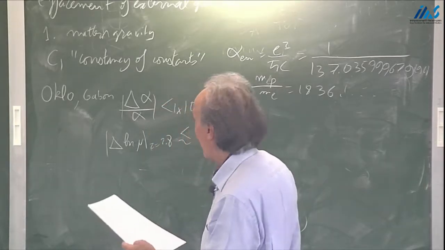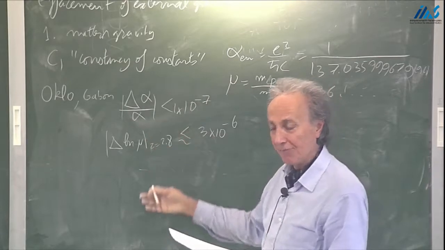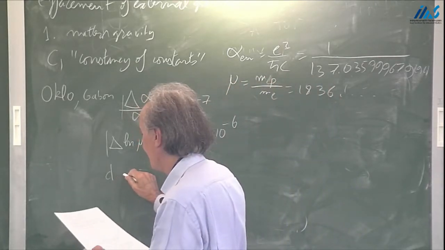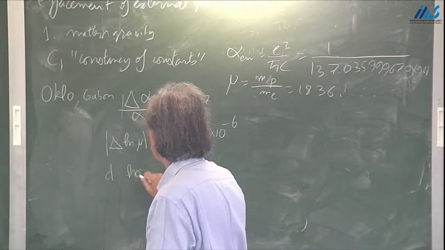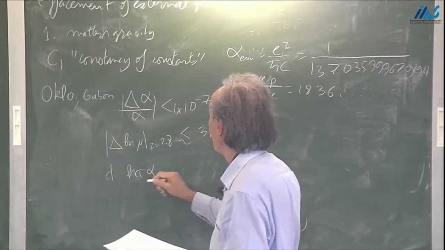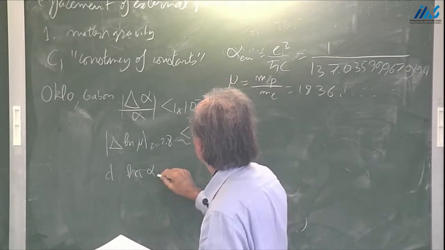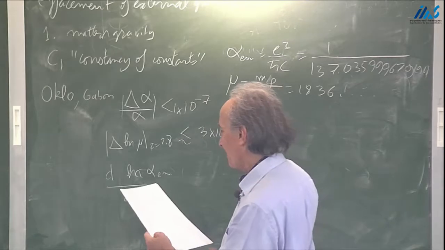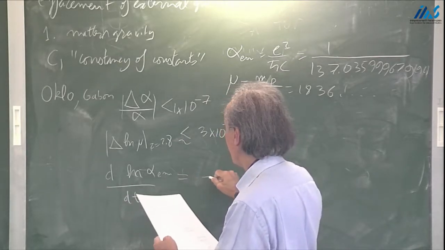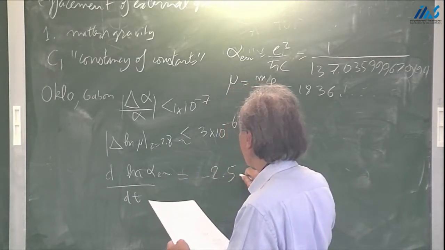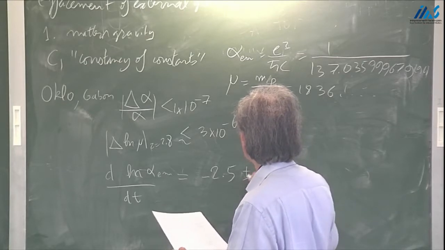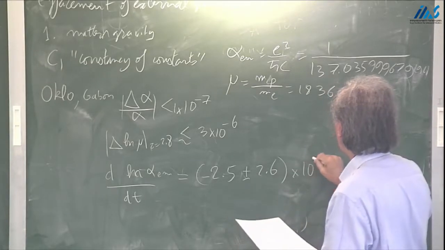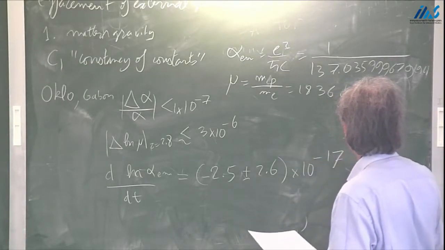But the limits are now so good that they compete with this. In fact, they are better in a sense. For instance, one of the limits is that the fractional variation, so ln means natural log, of the fine structure constants, alpha electromagnetism, per unit of time, okay, per year if you want, is equal, from some recent measurement, minus 2.5 plus or minus 2.6, so it means compatible with 0, 10 minus 17 per year.